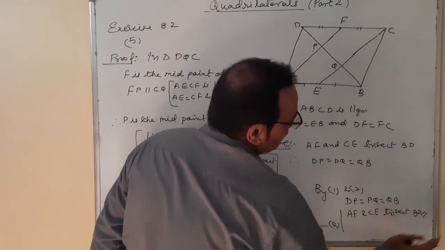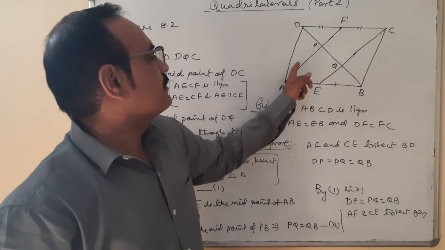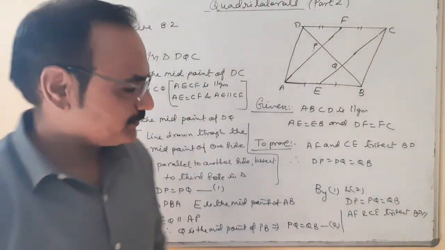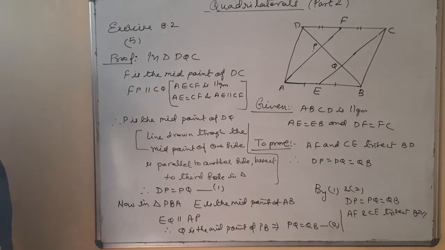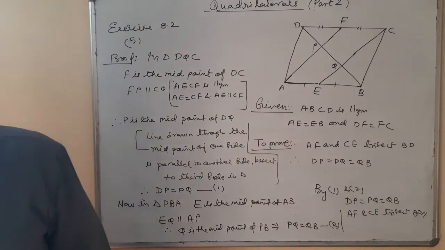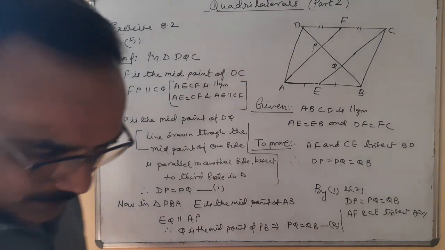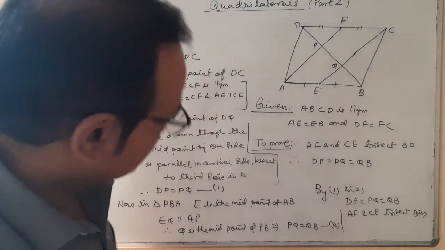Proved. Therefore, AF and CE trisect BD. Clear? One more question I am taking from this exercise.